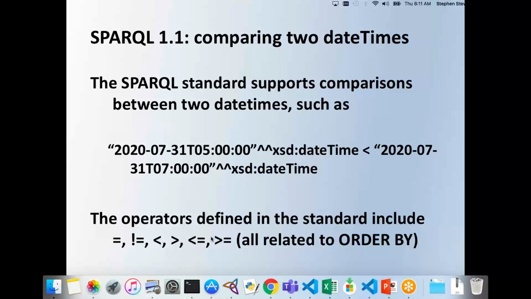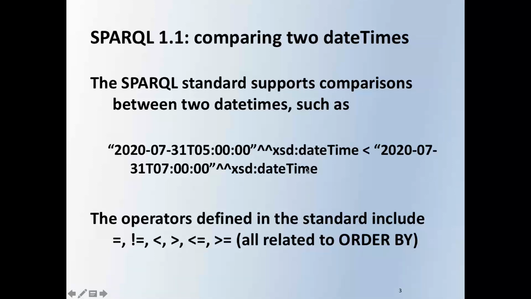And those are defined because you need those to do order by. You can order the query results regardless of what type of thing that variable is bound to. So you have to have at least these things defined to do an order by. Okay, so we can do these comparisons.